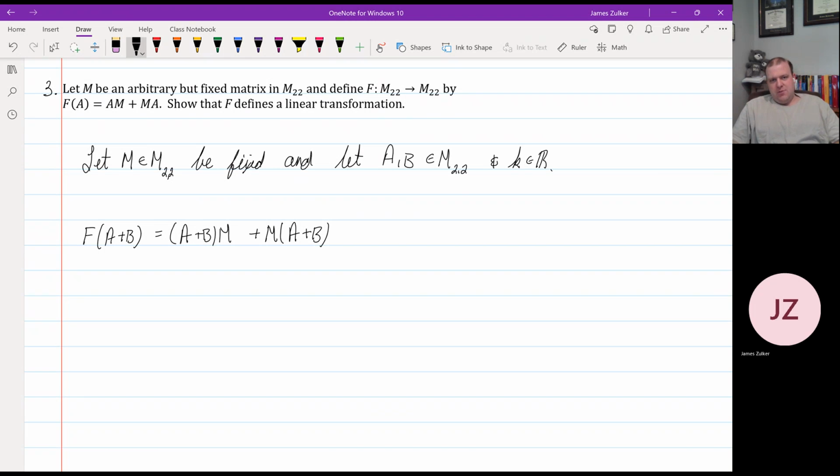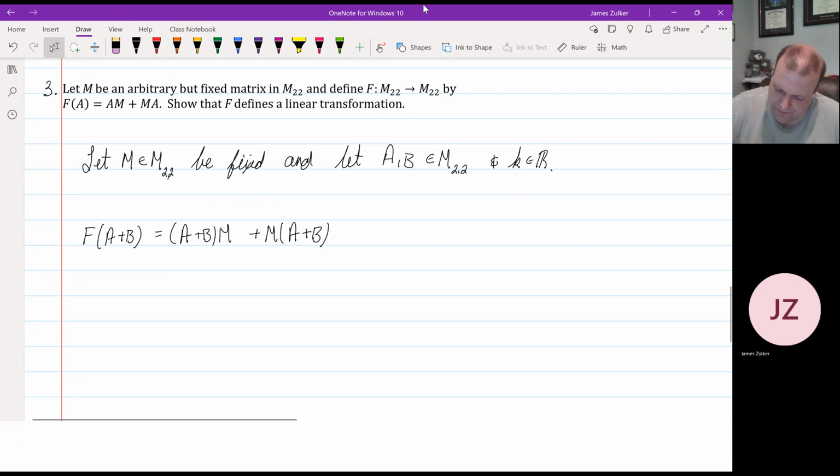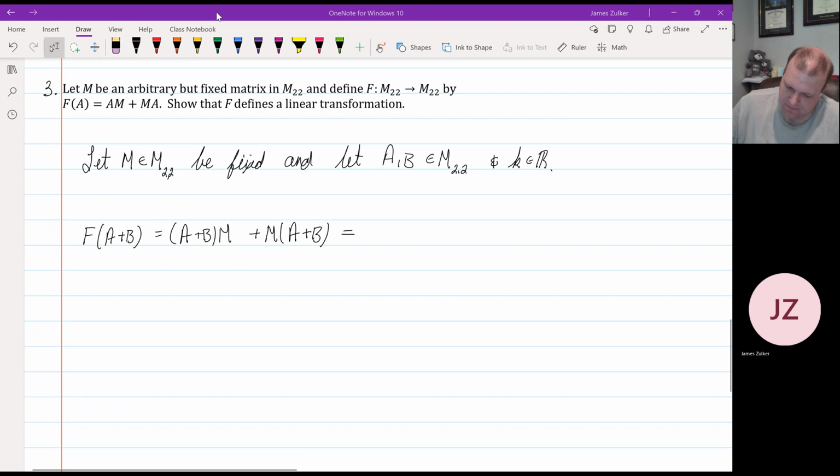Both of these products will be 2 by 2 matrices. So we have a 2 by 2 plus a 2 by 2, which is 2 by 2. It is defined. So we are allowed to write this, by definition of matrix multiplication.